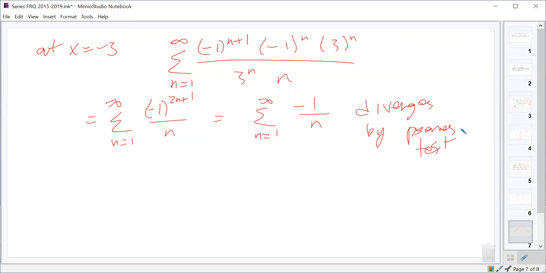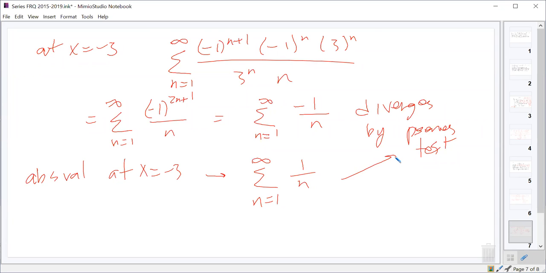What about the absolute value at x equals -3? That's going to be this whole thing inside absolute values, which is just going to become one over n, which diverges by the p-series test.